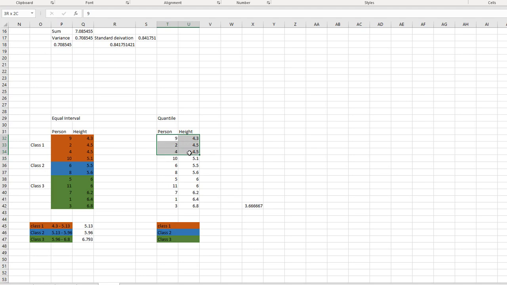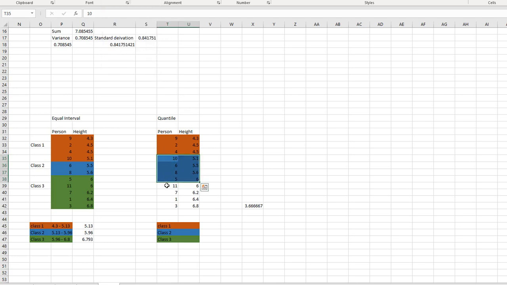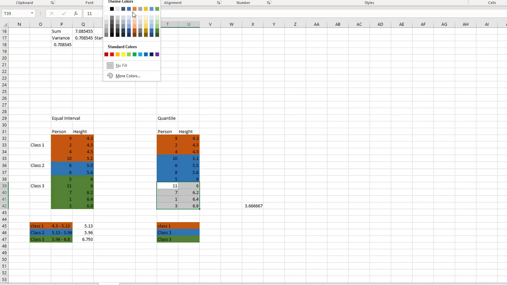These first 3 observations are going to be class 1. Then 1, 2, 3, 4. These 4 observations are going to be class 2. And then 1, 2, 3, 4. These 4 observations are going to be class 3.